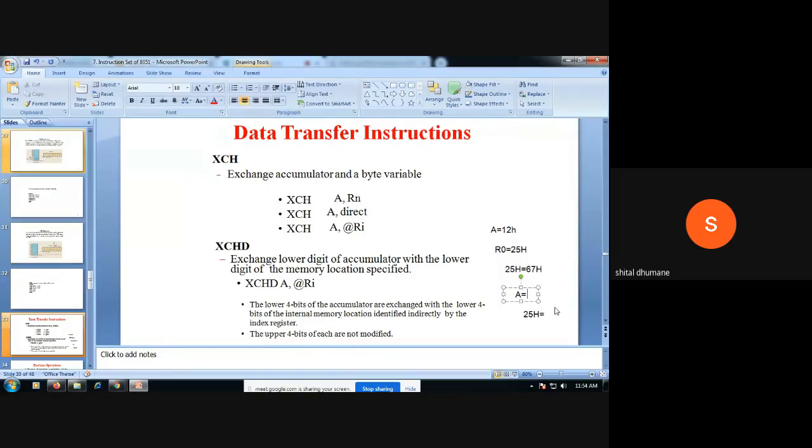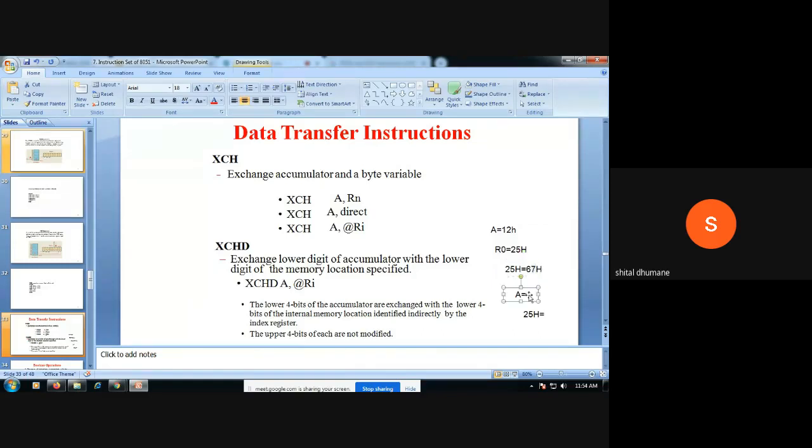Only the lower nibble will get exchanged. Your upper nibble will remain as it is. In your accumulator only the 2 will get exchanged, and from 67 only the 7 will get exchanged.